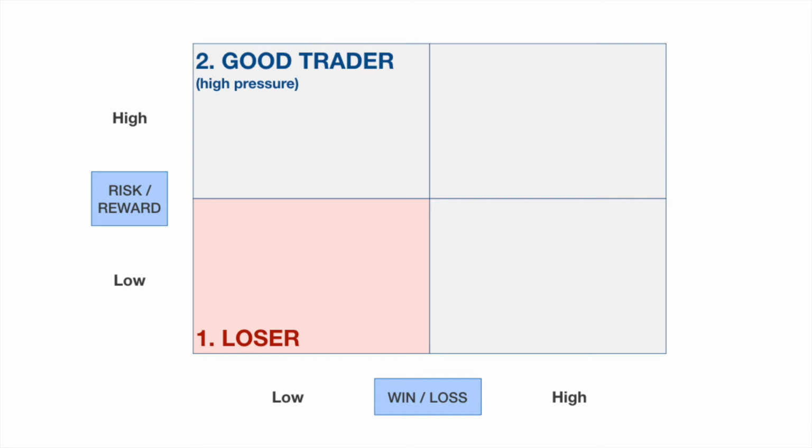From a psychological point of view, it's really demanding because you are losing most of the time. So essentially, you are a good trader because you are increasing your trading account. But I'm saying that this type of trader is a trader under high pressure.